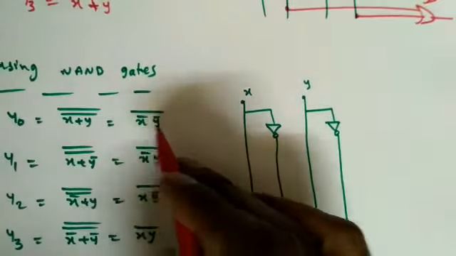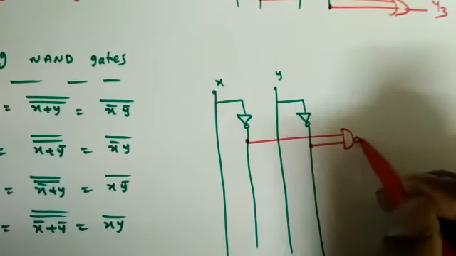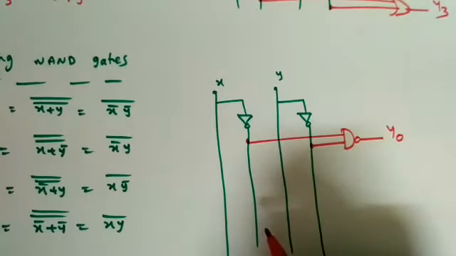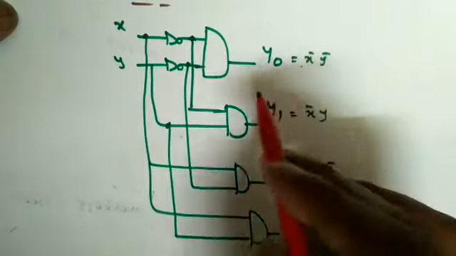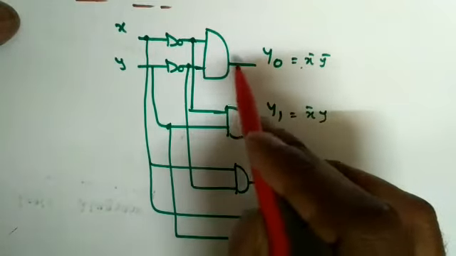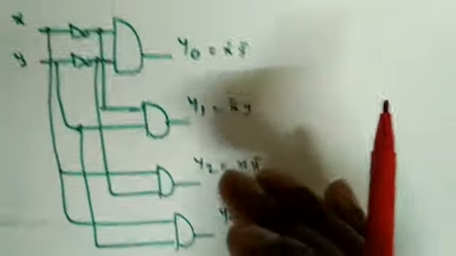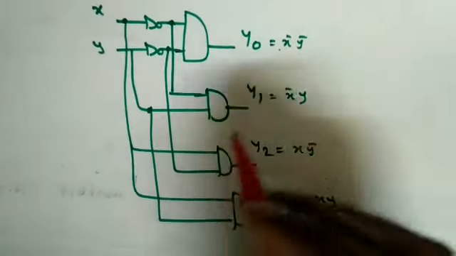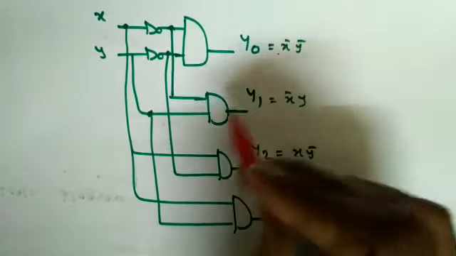So how to draw this one? X bar y bar. So I have to take x bar and this is y bar, and give them to one NAND gate, which will become Y0. If I see the decoder with active high output, we got Y0 is equal to X bar Y bar. Now if I add one bubble here, then I will get the whole bar, which will become active low outputs. That's why generally in the GATE exam or any textbook, with active low outputs you will always see NAND gates.